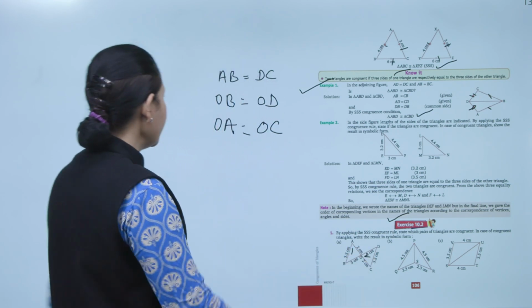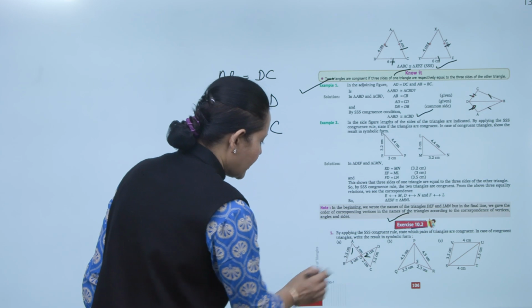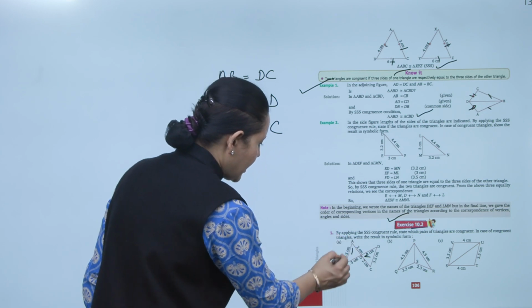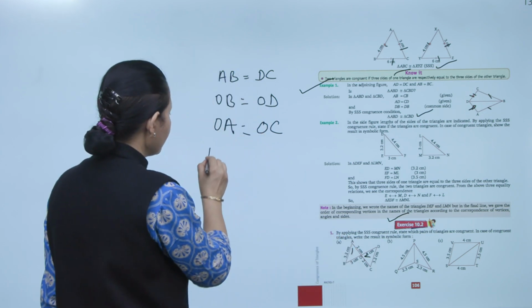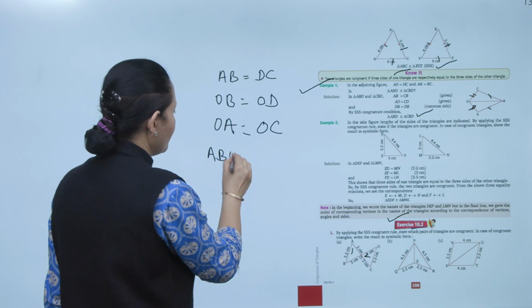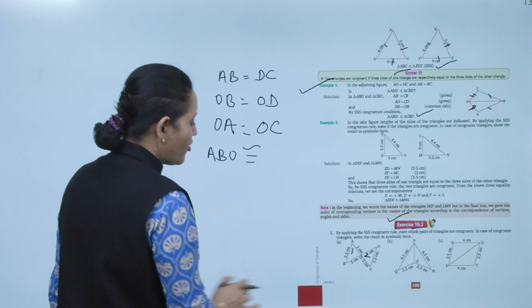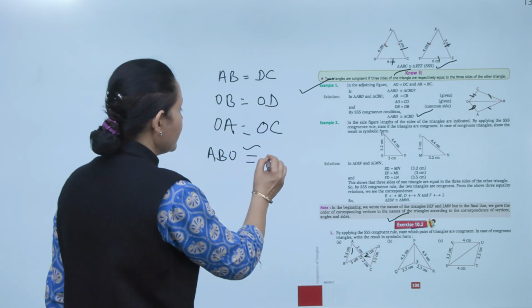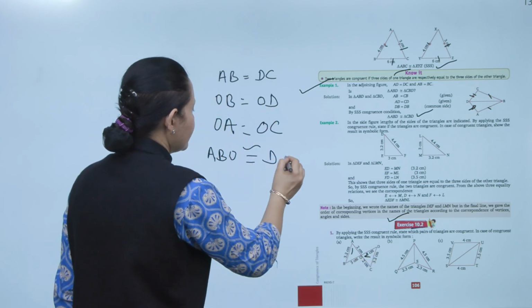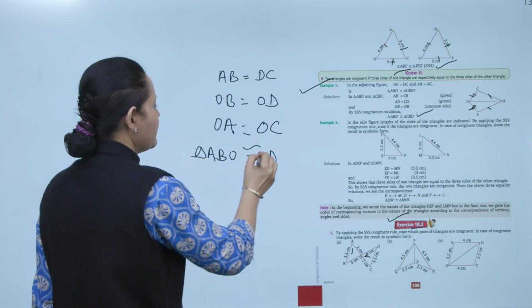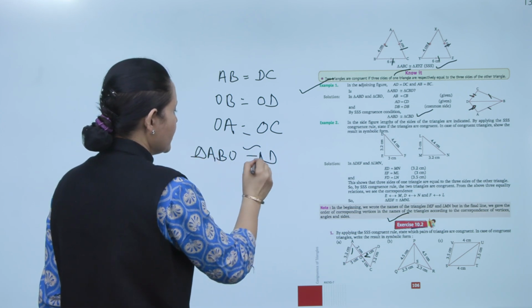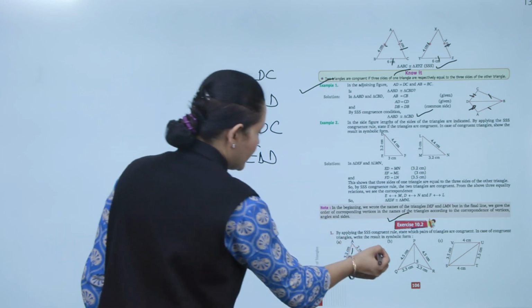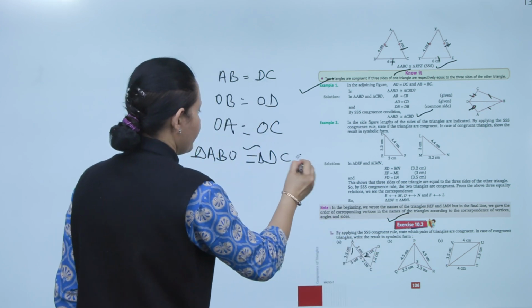Now, we can say triangle ABO is congruent to, now, AB is equal to DC, means we'll write triangle ABO is congruent to triangle DCO.